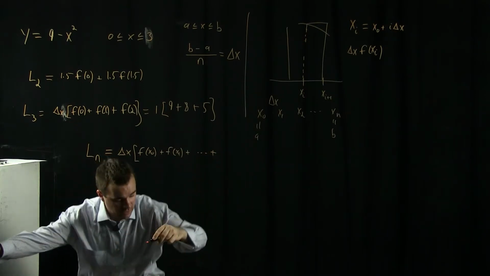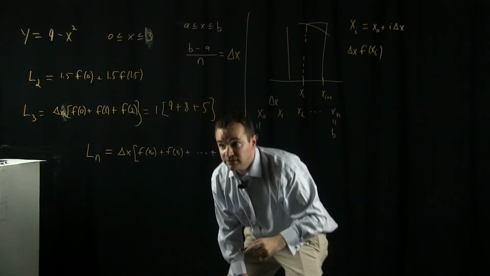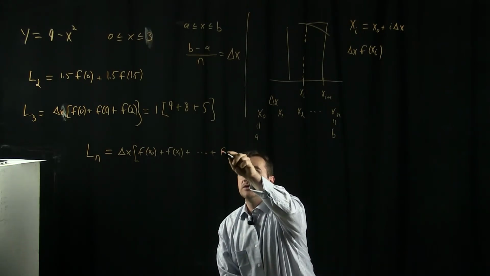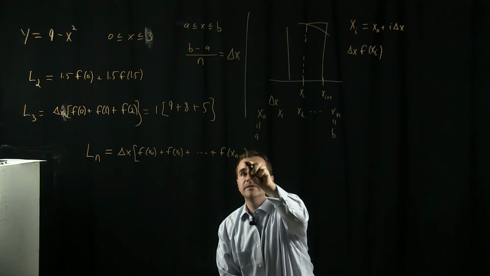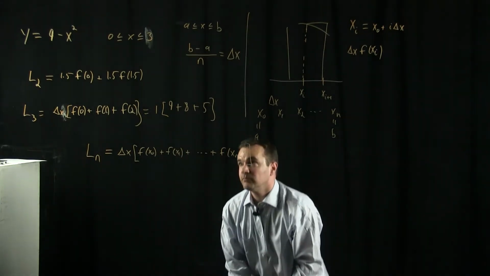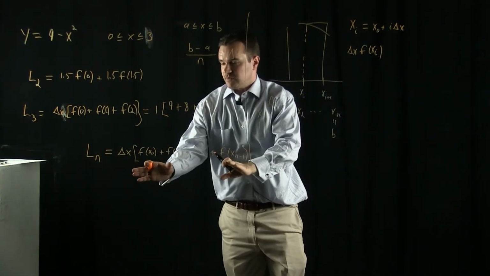You continue on until you get to the left-hand endpoint of the nth interval, which is going to occur at x sub n minus 1, because it's the left-hand endpoint of the nth interval. And so that's the formula.